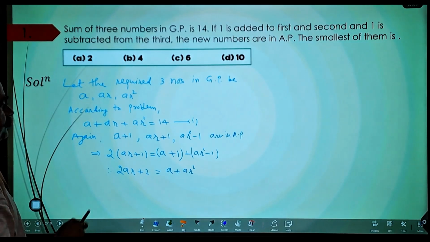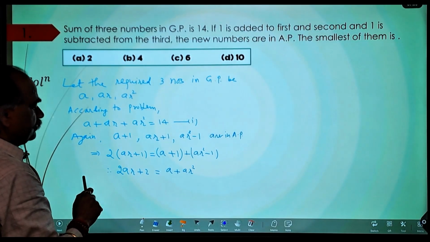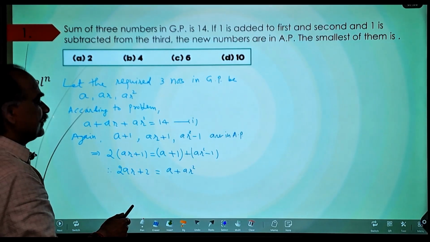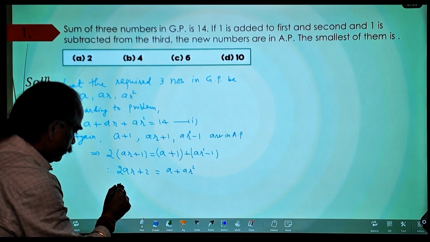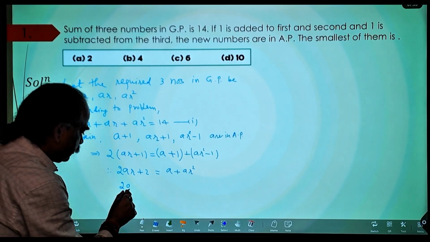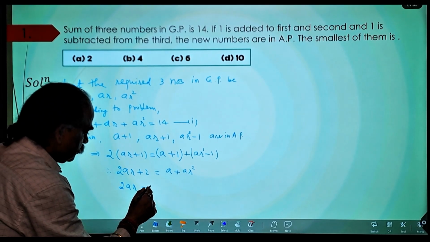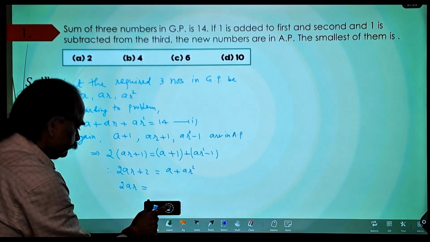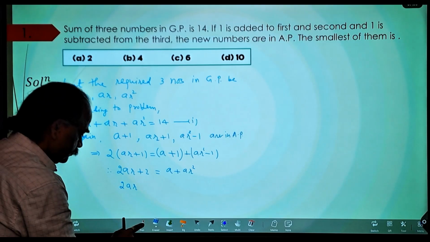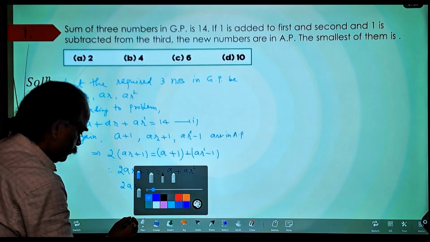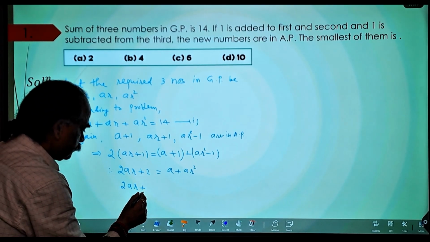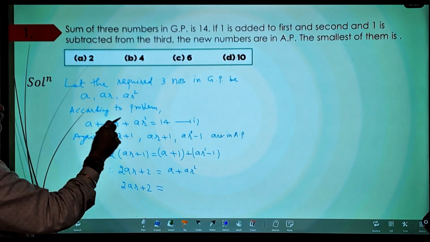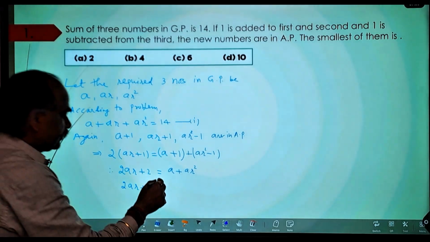From equation number 1, A plus AR square is 14 minus AR.